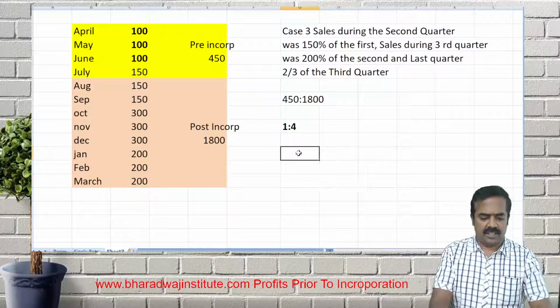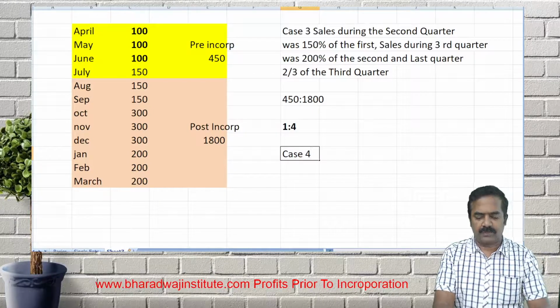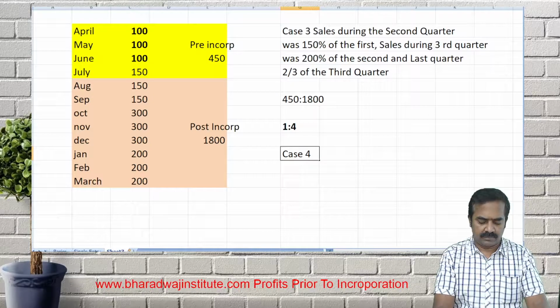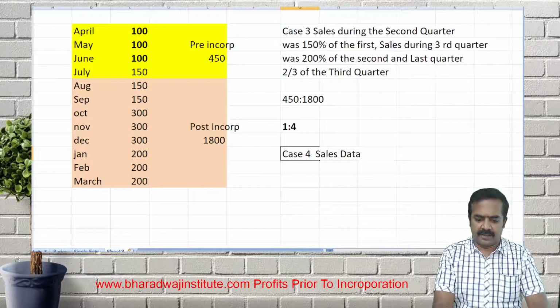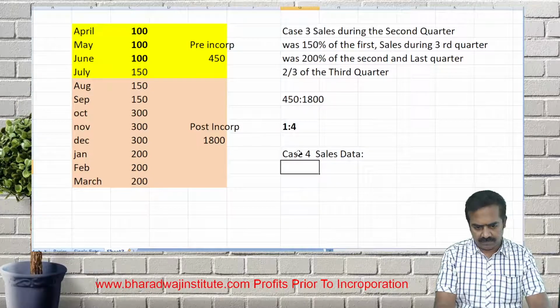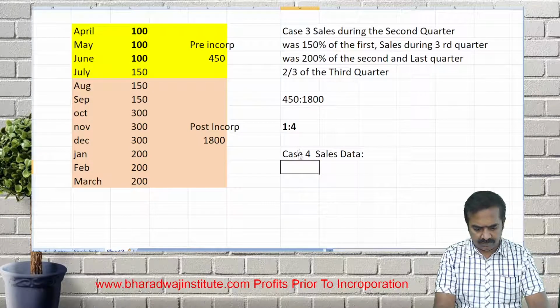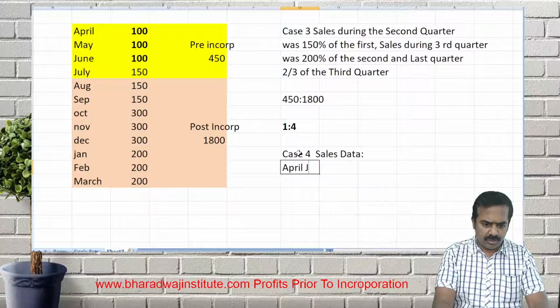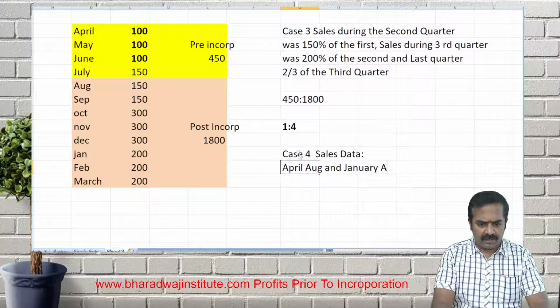Okay, next, case 4. Sales data. April, August and January, 50% of average sales.